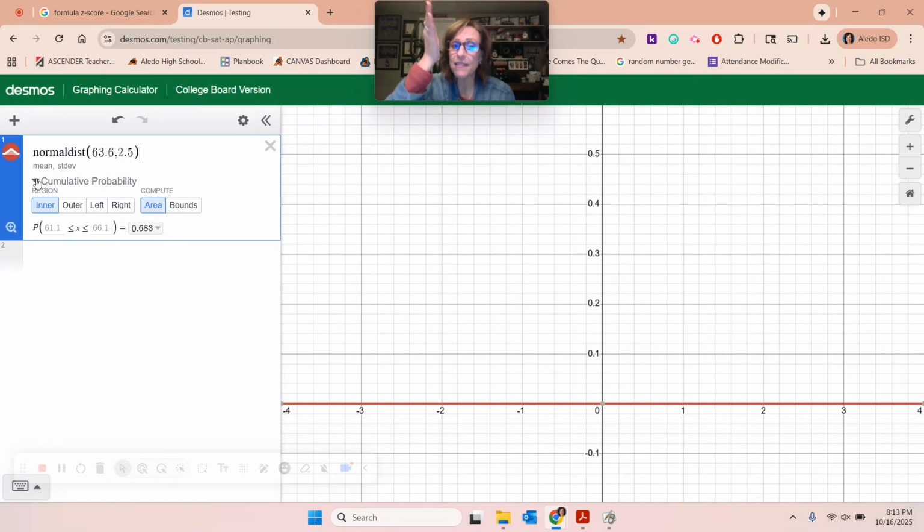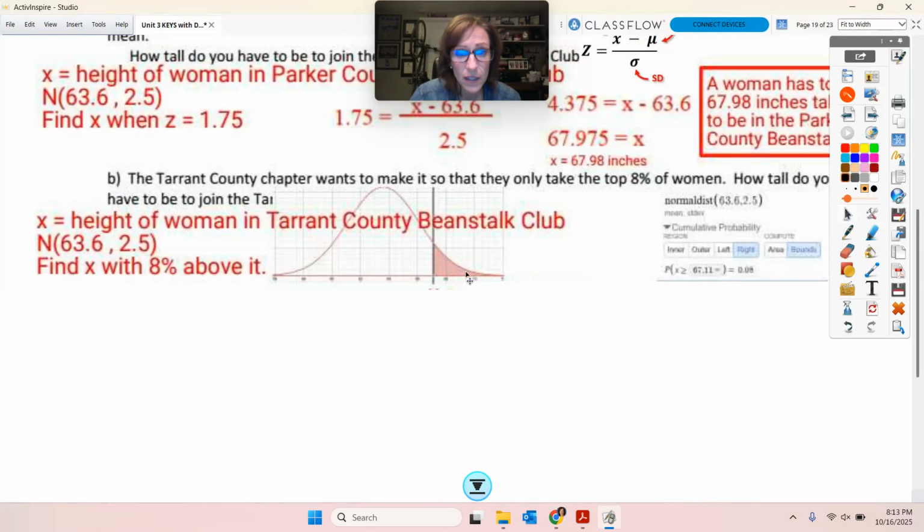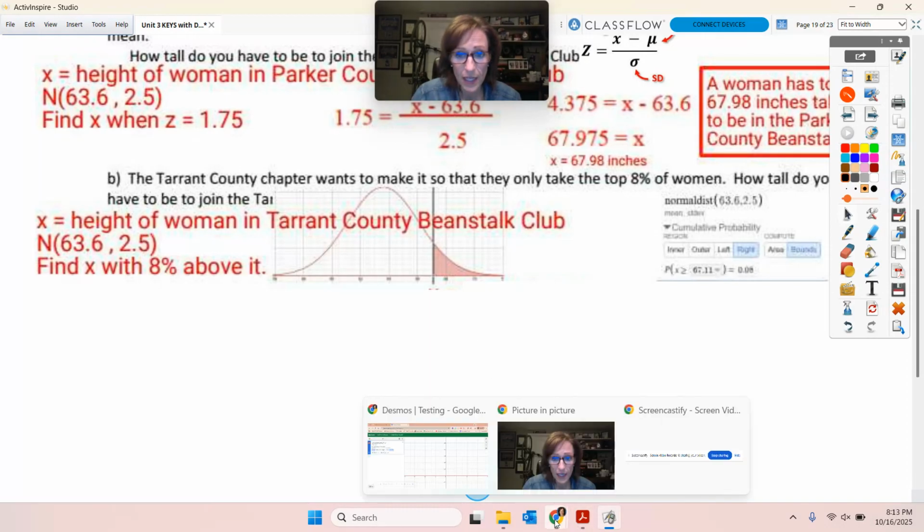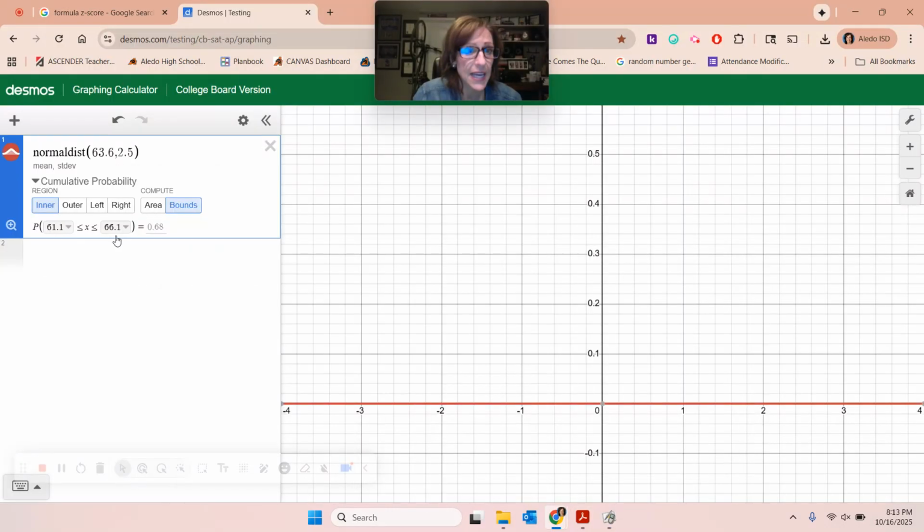I'm finding the bound. So here I go, bound. And what was the criteria? 8% to the right. So then I come on back here to my DESMOS, and I have area to the right. And I put in here, not 0.8, 0.08. And I think you can just do 0.08.